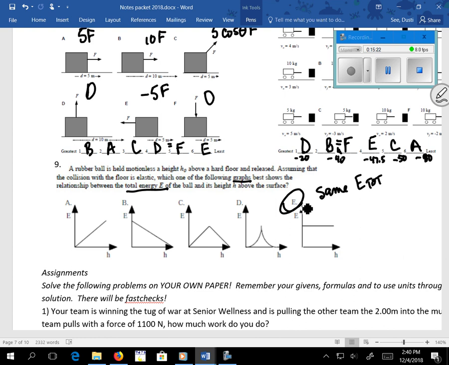So no, I don't like that one. As the height goes up, the potential energy would go up. That would be better for A. So A would be a better one if it was just asking about potential energy. So lots of different ways to look at it. But since it's asking for total energy, we want it to be the same the whole time. All good.